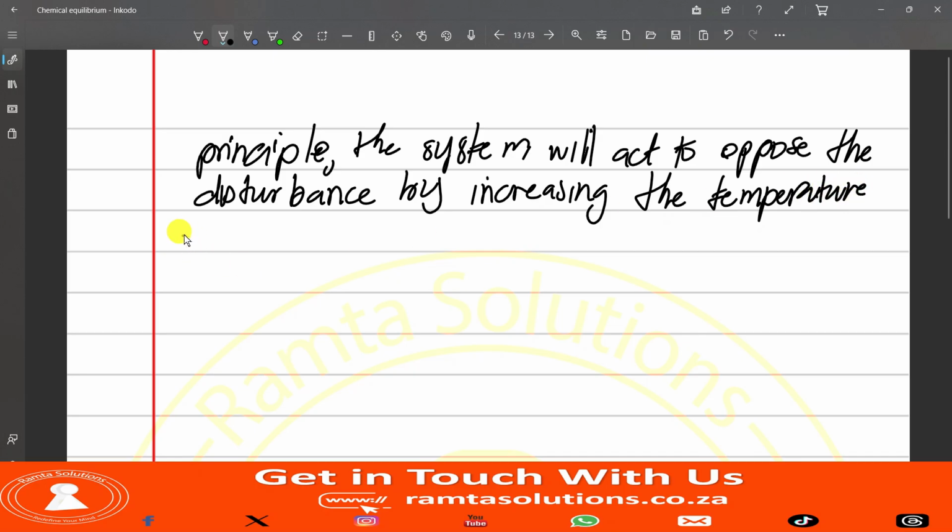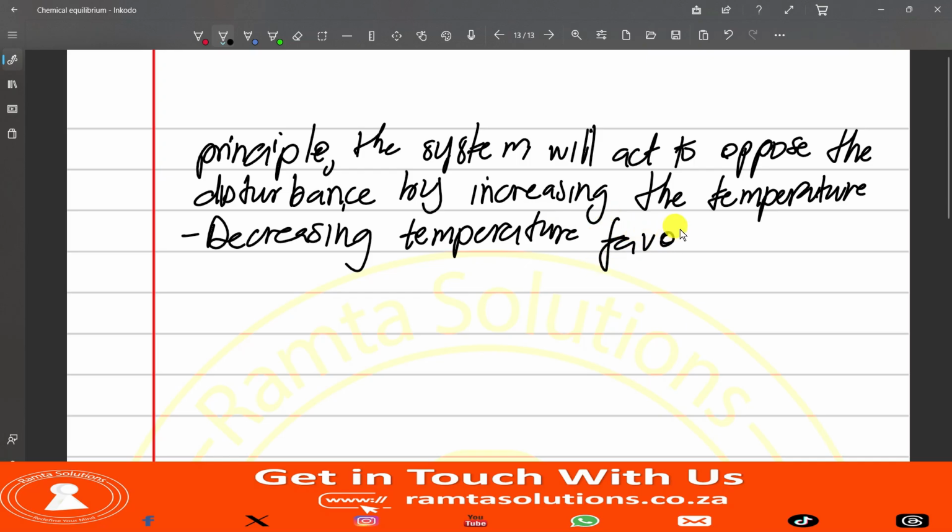Now, that disturbance, what was it? Decreasing temperature, we have told you, favors the exothermic reaction, right? Decreasing temperature favors the exothermic reaction. Cool.